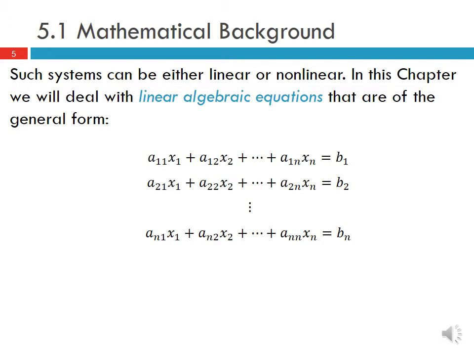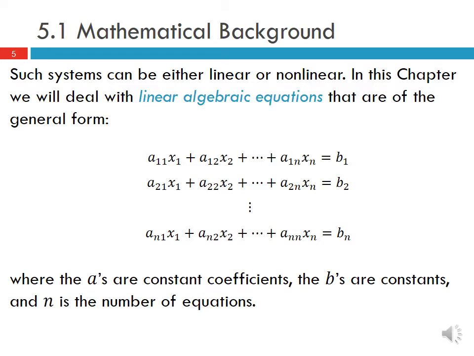So all of these equations are linear combinations of the variables x1, x2 up to xn. So they're linear equations and written in this general form. Here the a's are constant coefficients and the b's are constants, and n is the number of equations.